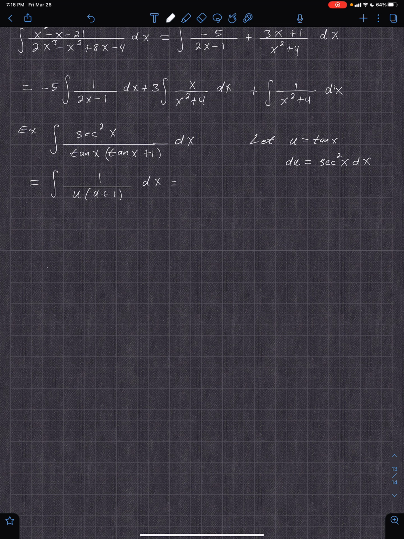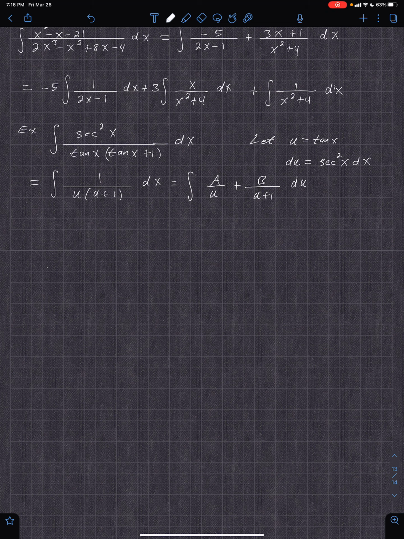So we'll say that's equal to the integral of A over u plus B over u plus 1 du, and then you would solve for A and B.